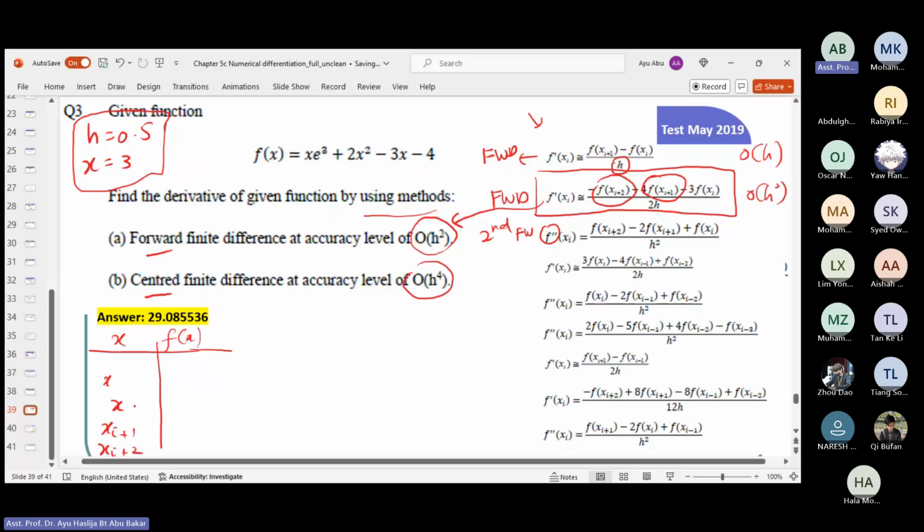So your x is 3. i plus 1 means x plus h. So h is 0.5, so 3.5, then 4. Then find out your f x for these values of x. Try to find out what is your x, your f x.